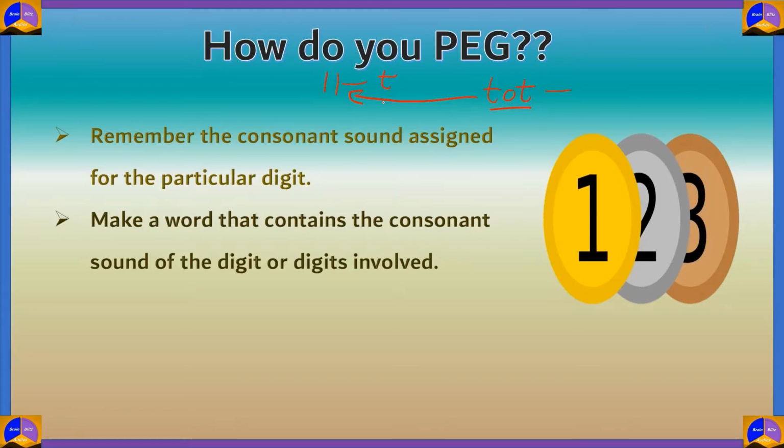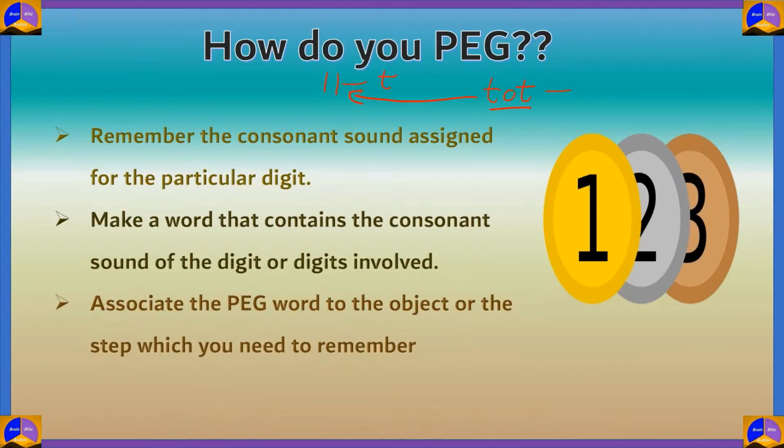Using the peg word, you can make the number turn into an object for your last step, which is to associate the peg word to the object or the step which you need to remember. In the last episode, we talked about how to form illogical associations.